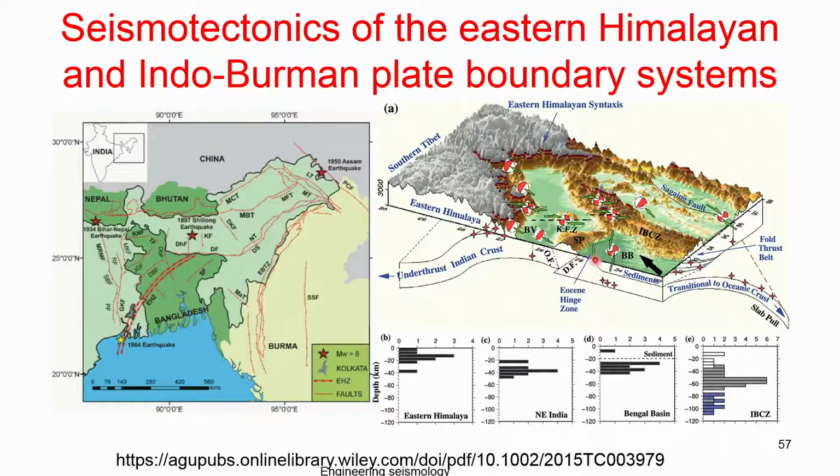You can see the depth of earthquakes in the Eastern Himalaya, Northeast Himalaya, Bengal Basin, and IBZ. This depth will tell you what depth and hypocentral distance you should consider in the hazard analysis. We will continue this discussion in the next class.